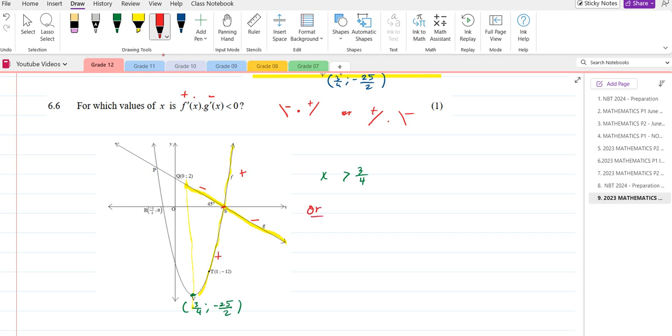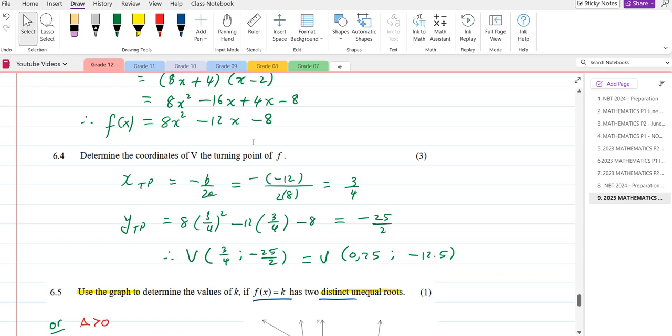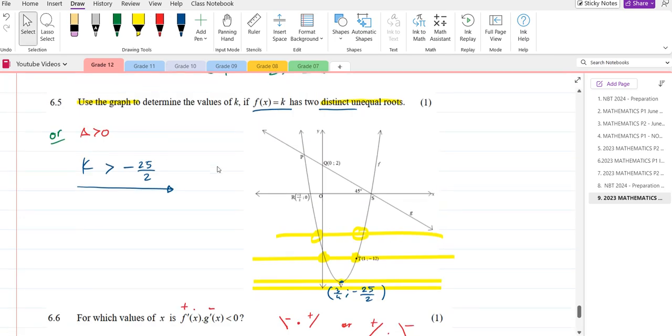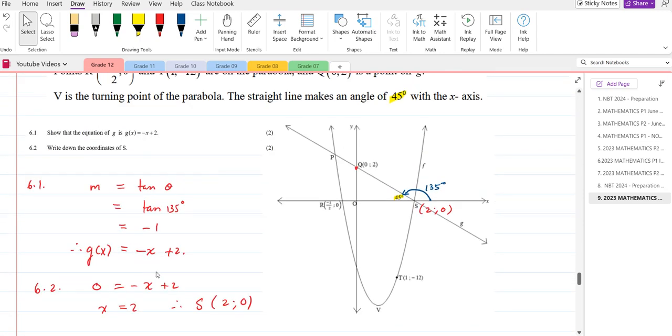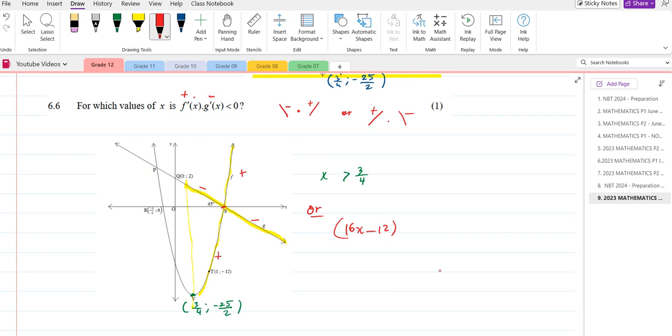See, let's find the derivative of f prime x. The derivative of f prime x is 16x minus 12. And the derivative of g prime x, if you differentiate g prime x, you're just getting negative 1, times negative 1, and we're going to say less than 0.